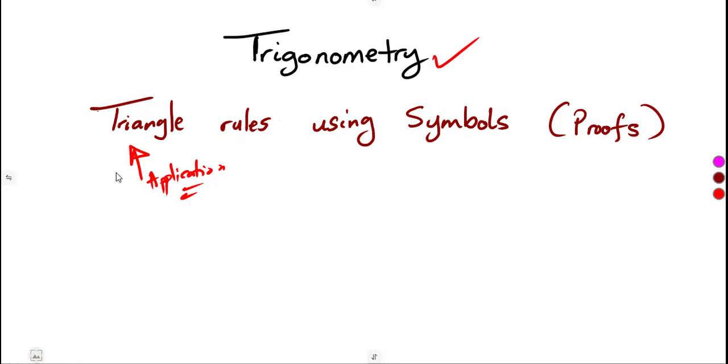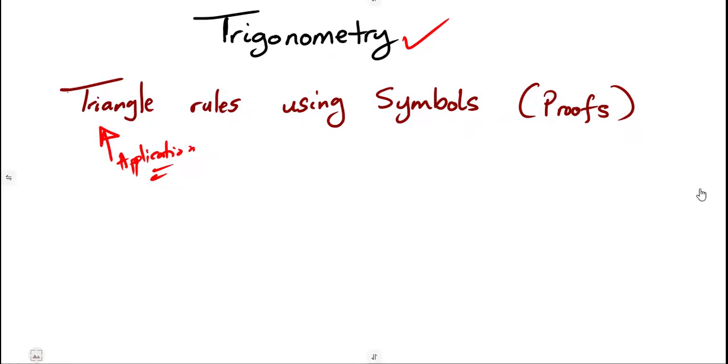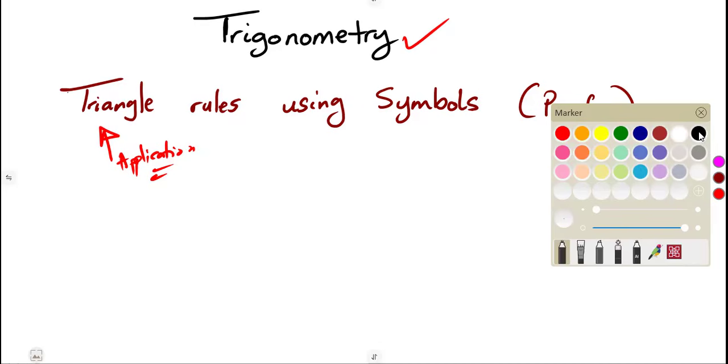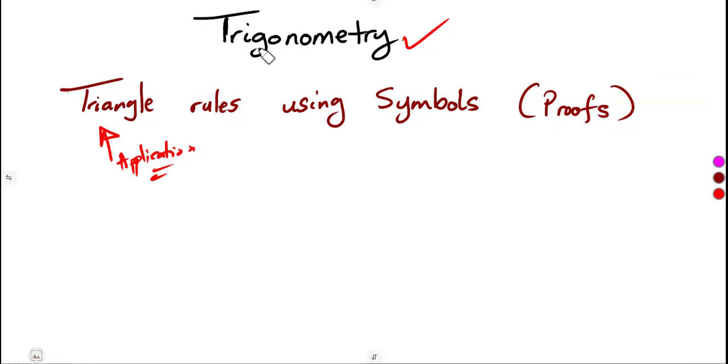So I want you as an individual basically to revise because of these proofs that we are going to consider. We are going back to what we did before as part of our trigonometry.